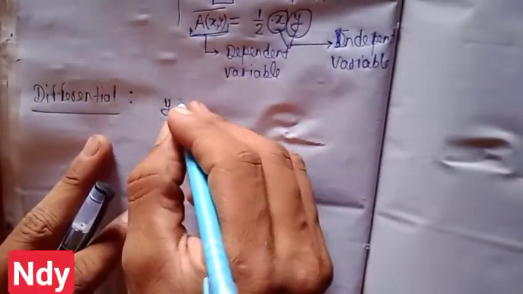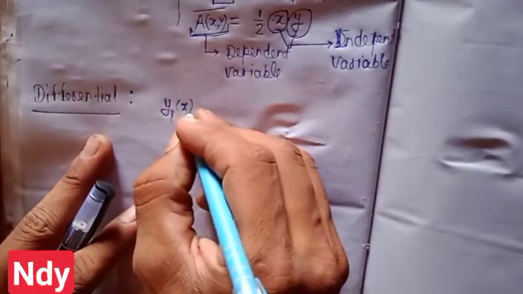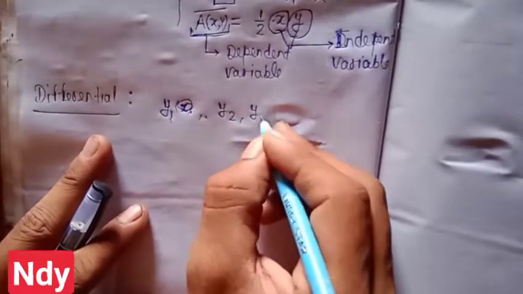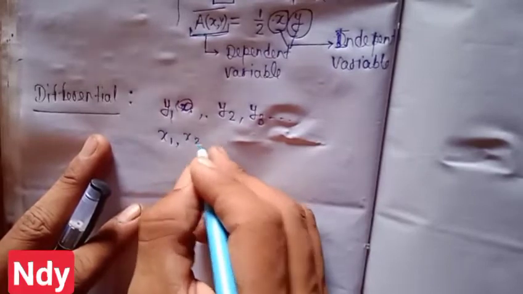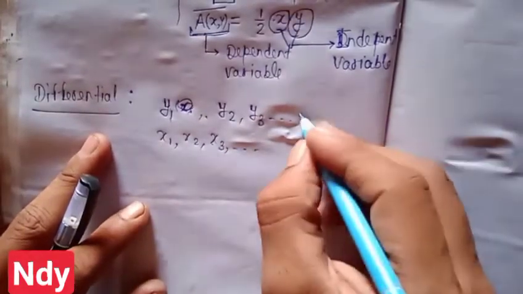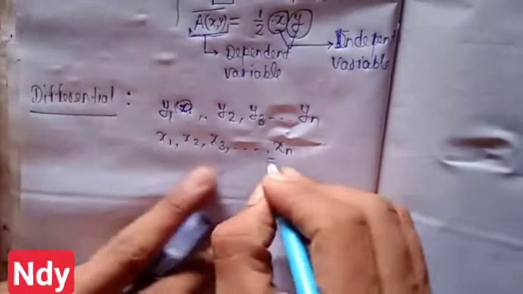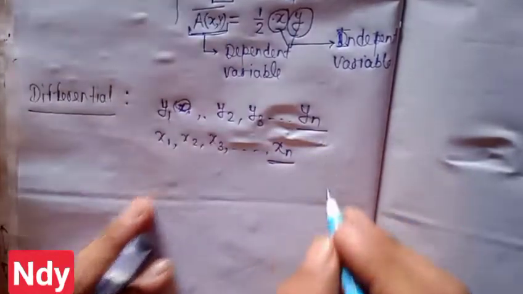So a differential equation is, let y1, y2, y3, up to yn be dependent variables, and x1, x2, up to xn be independent variables. So what is a differential equation?